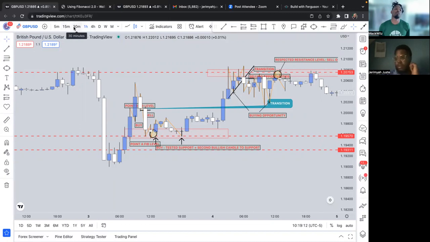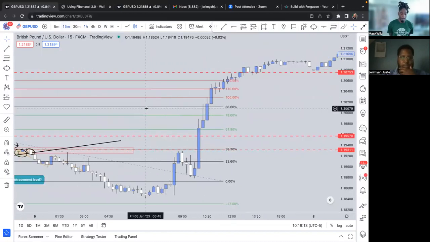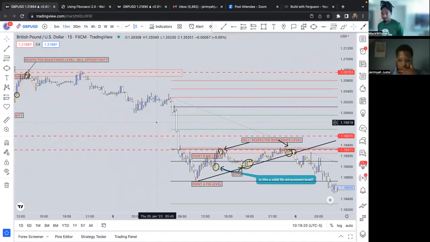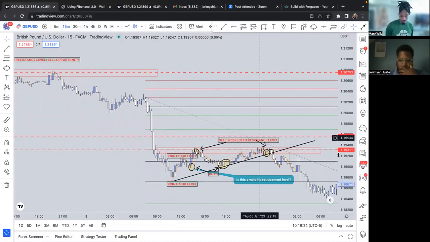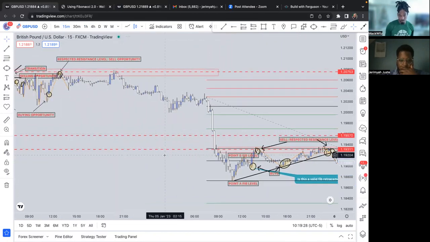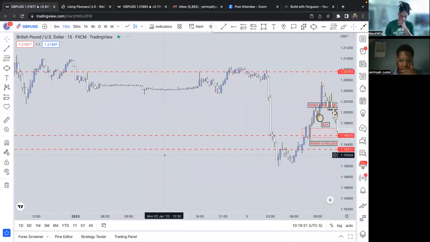What did I do here? I put transition here, but I think I saw that on the 15-minute, because we saw a higher high. Let me fix this a little bit. It's the wrong candle.